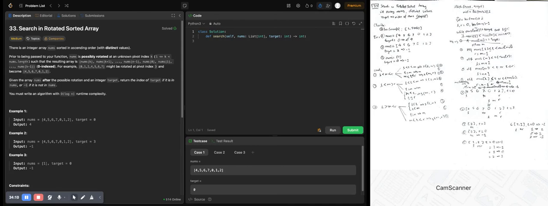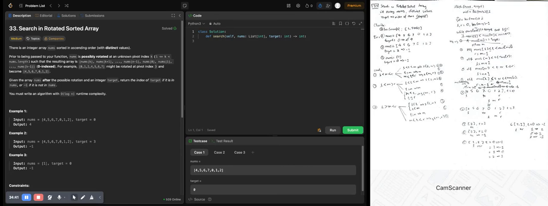Okay. Now we see that this one goes to condition number 4. Yes, number 4, where left is pointing at the mid + 1.